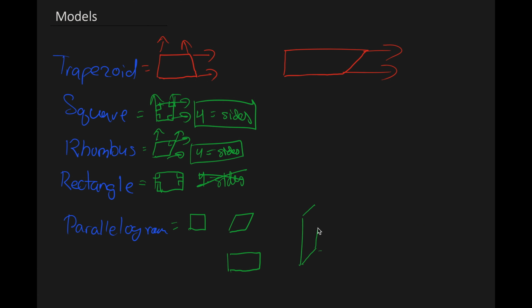Hopefully, I get it right. Yeah, that would be a parallelogram, but notice it's not a rhombus. Why? A rhombus has 4 equal sides. These sides are most definitely not equal. This side, that side, so not equal. That's a parallelogram. So the distinguishing feature, and its only feature, is that it's a polygon with 2 pairs of parallel sides.